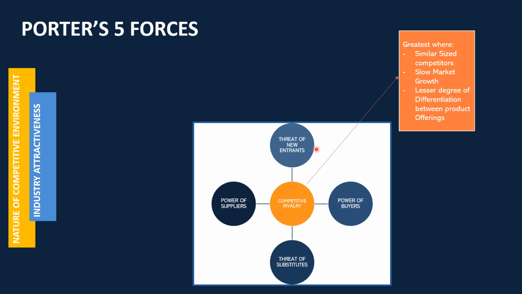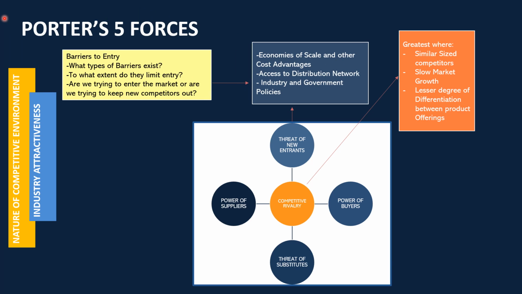Moving on to the threat of new entrants. Now, new entrants into a particular market will definitely bring along extra capacity, but parallelly will intensify competition. So the threat from new entrants will depend upon the strengths of the barriers to entry.